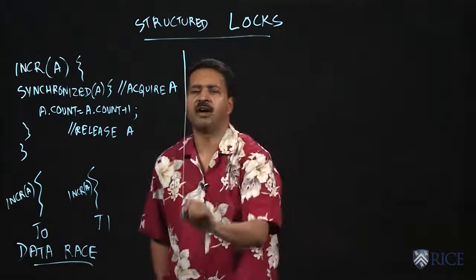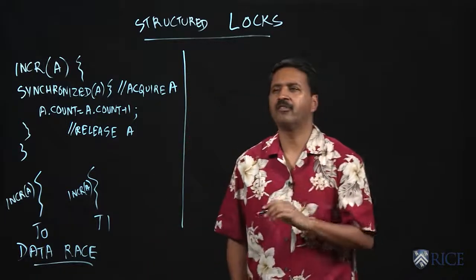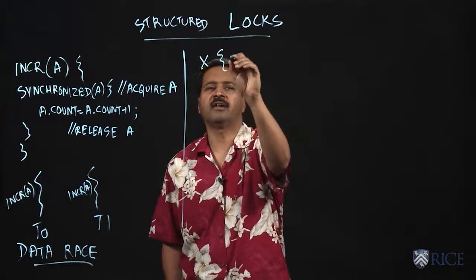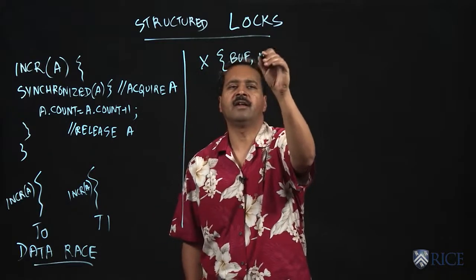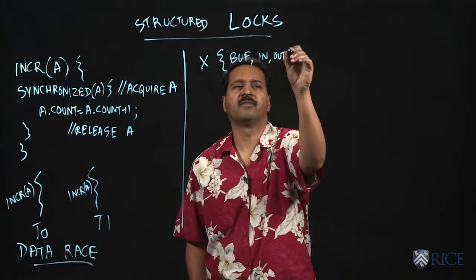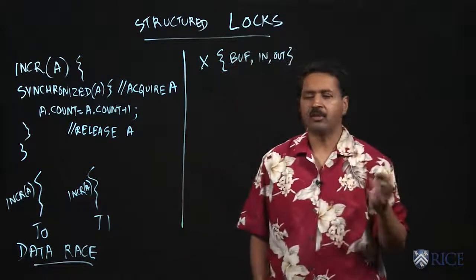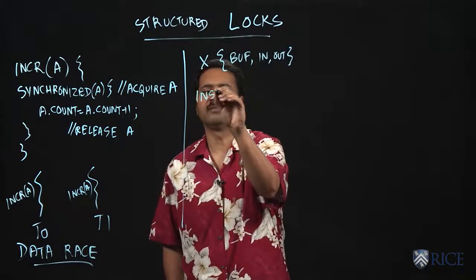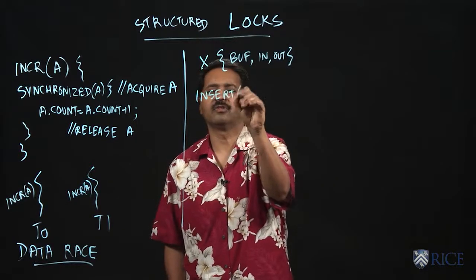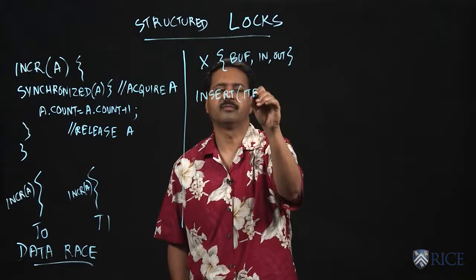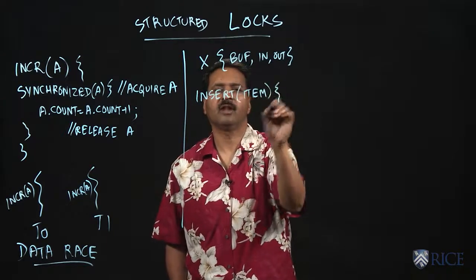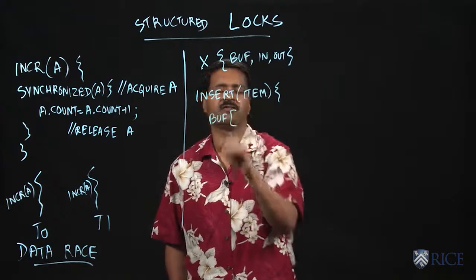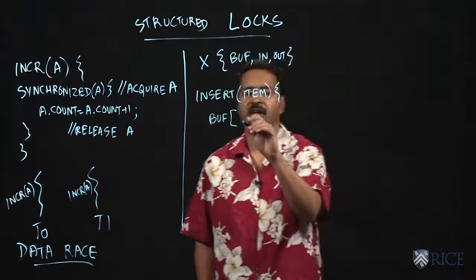Let's look at another example, which is like a buffer object. So let's say we have a buffer object X that has a buffer and in and out indices. And the typical operations one could perform on the buffer are insert. So let's say we are inserting an item. And for this, what we would do is there would be an index if buff is, let's say, an array.